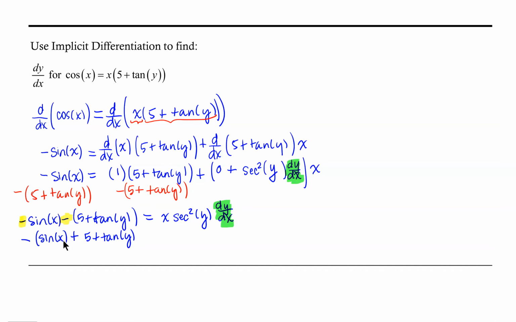So I really just have the opposite or negative of sine of x plus 5 plus tangent of y, that whole thing, divided by our x times secant squared of y equals our dy dx. And there we have our derivative for the equation that we were given.